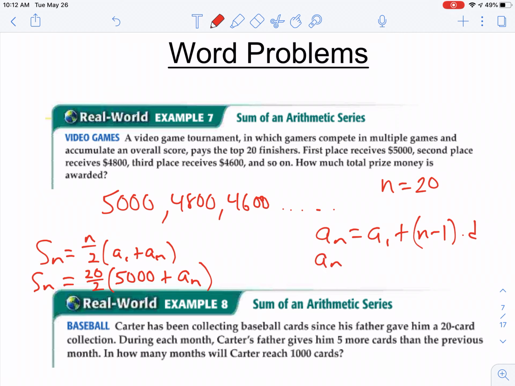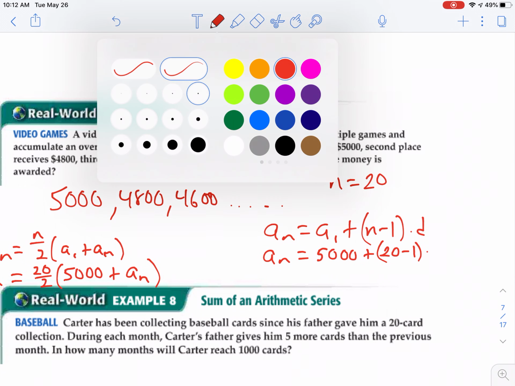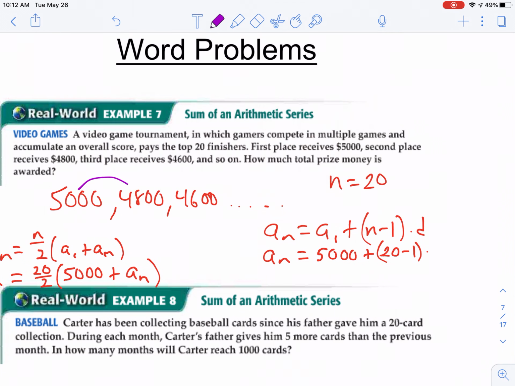So AN equals A1, which is 5,000, plus 20 minus 1 times D. Now D, if you're going from term to term here, D is the difference between terms. And you can see very clearly that the difference is being subtracted by 200. So D is negative 200.